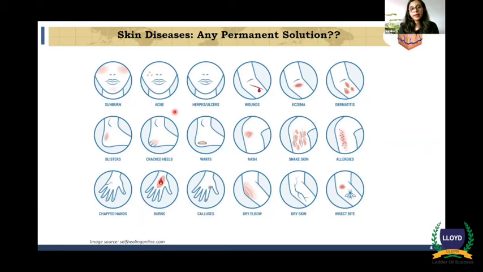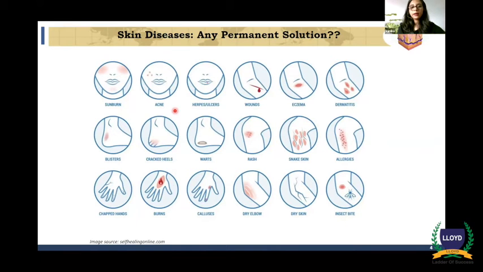Then we have acne. So if we talk about skin diseases, it's not just a disease, but I would say it also contributes towards the psychological and societal effects associated with skin diseases, especially in case of acne, dermatitis, as well as psoriasis.